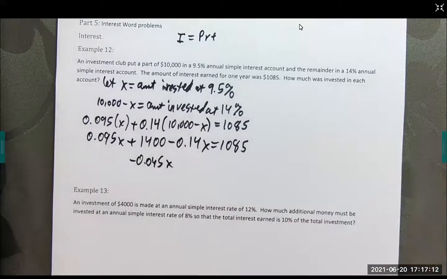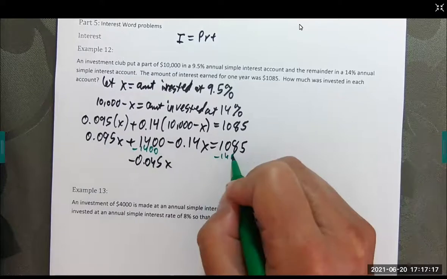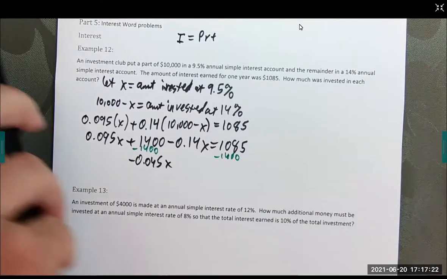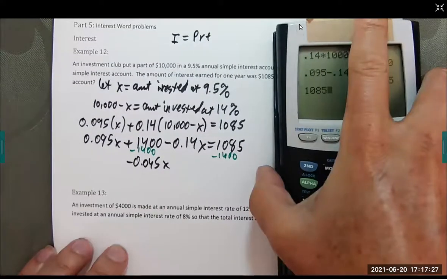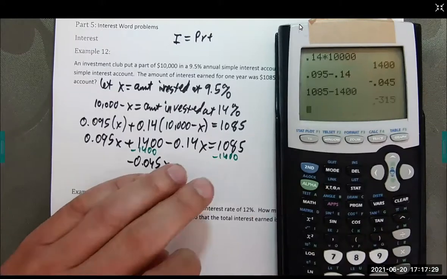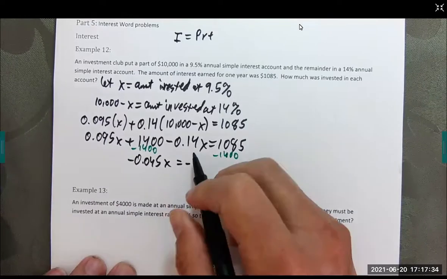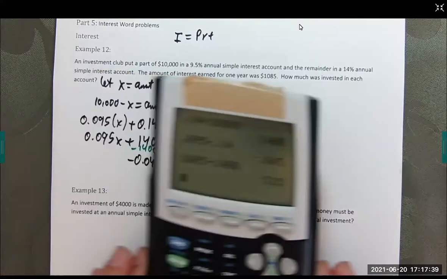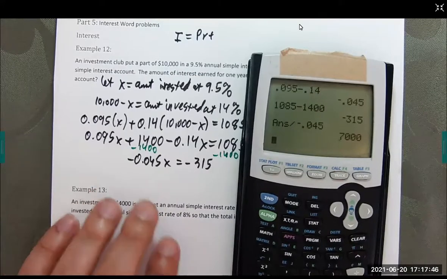I'm also going to subtract 1400 from both sides. 1085 minus 1400 equals negative 315, and I'm going to divide by negative 0.045, which gives us 7,000.